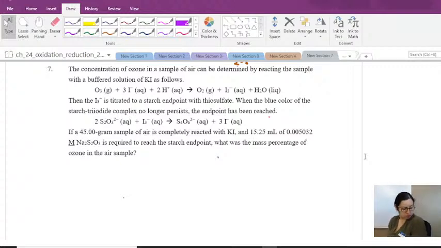Multiplied by 0.05032 moles per liter. Times calculator.